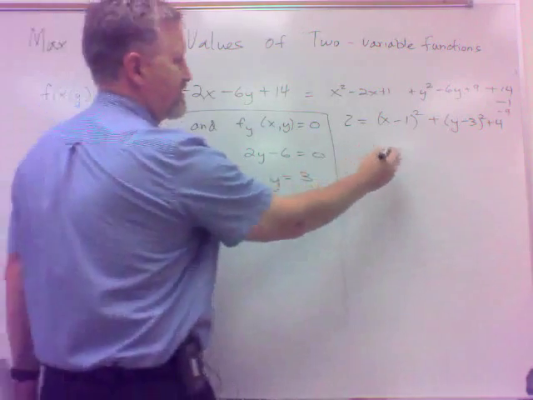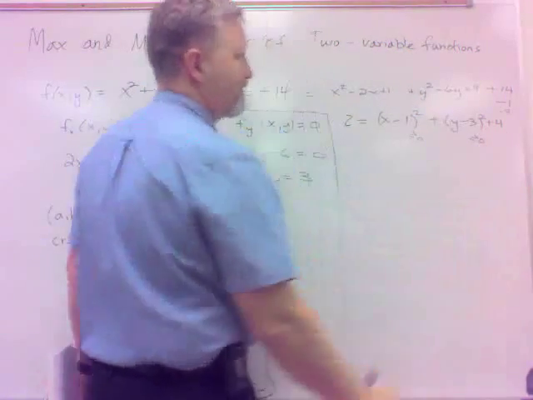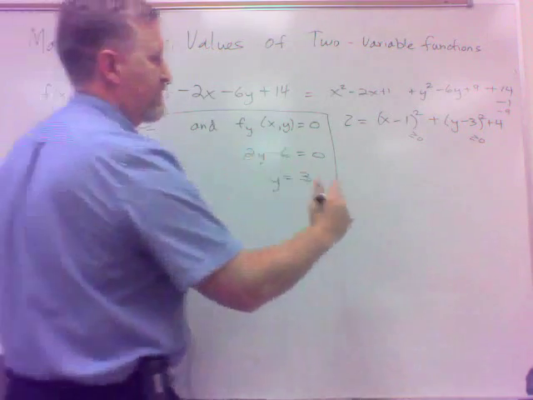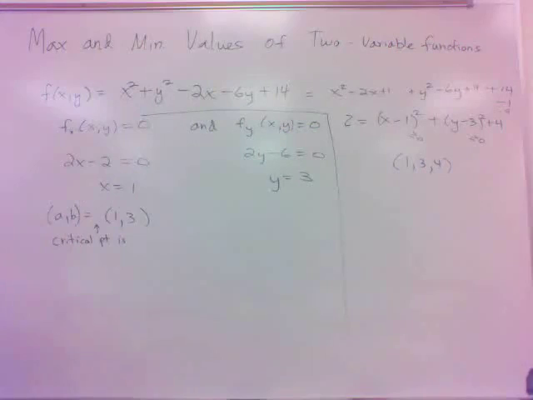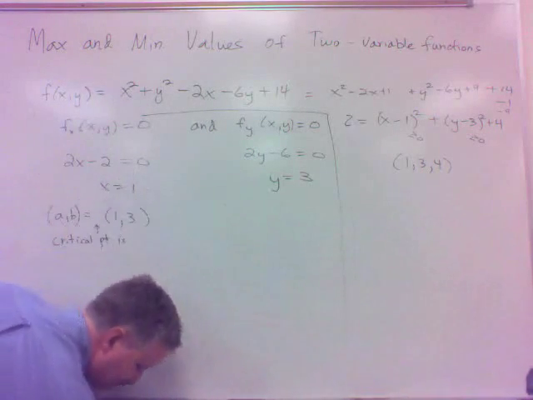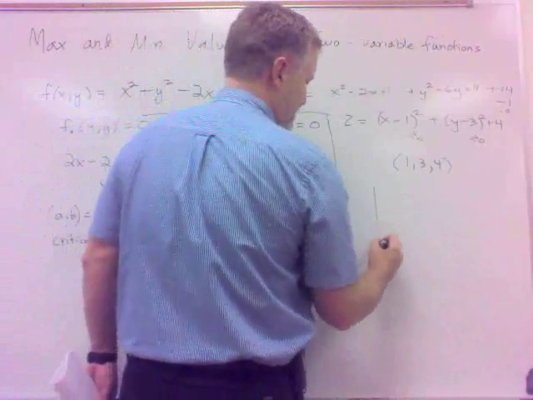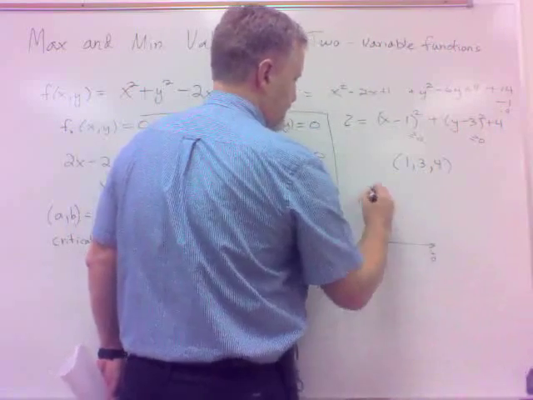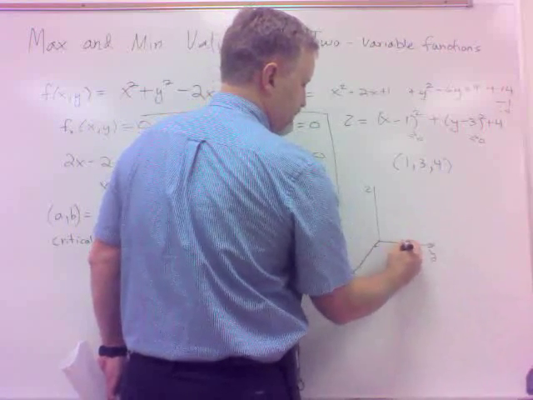And since both of these parts are greater than or equal to 0, you can see that the lowest value is 4. And (1, 3, 4) is kind of the vertex, not really. It's the three-dimensional version here, but here's what it looks like. It's a paraboloid that bottoms out here at (1, 3, 4).